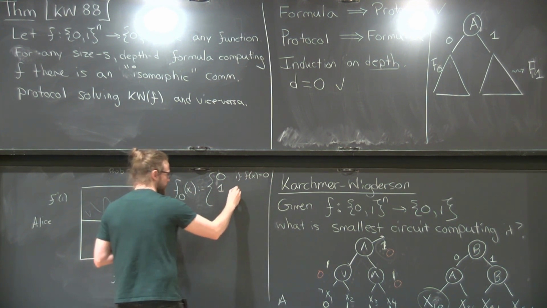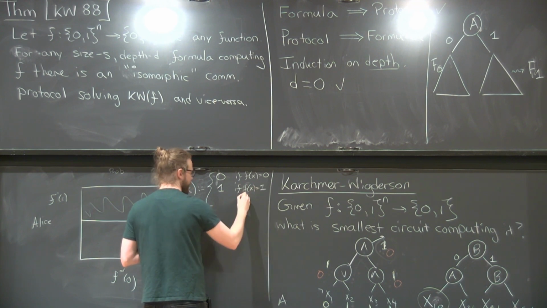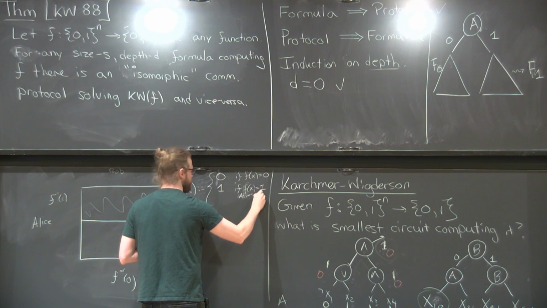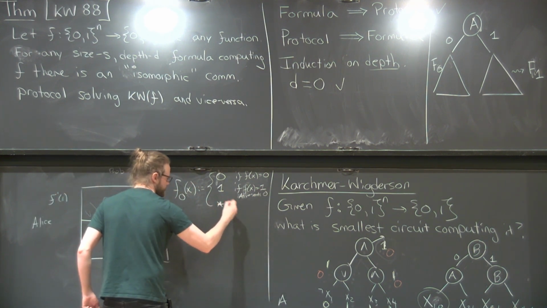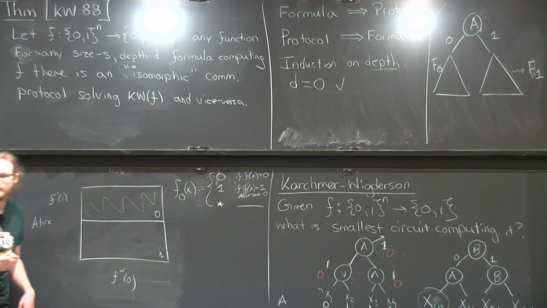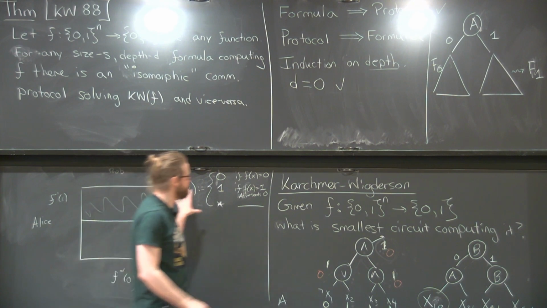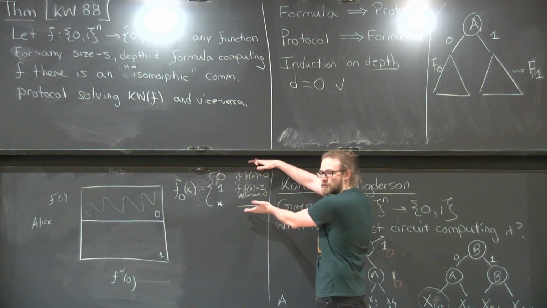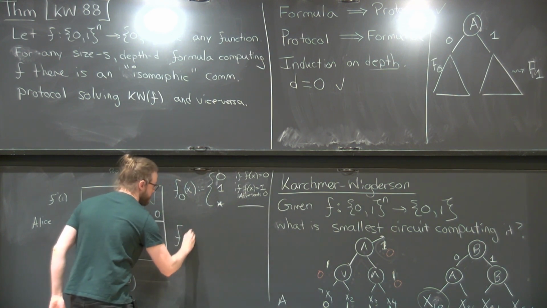It'll output 1 if f of x is 1 and Alice sends 0 first. And otherwise, it'll be a partial function. We just don't care what it outputs. So by restricting to this, we will for sure get a formula that computes this function, which is now a partial function. We don't know what it's going to say on these guys.